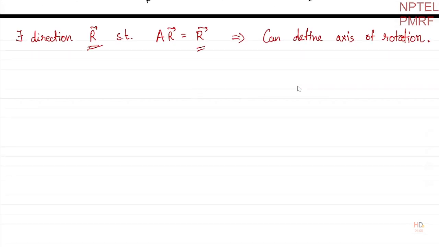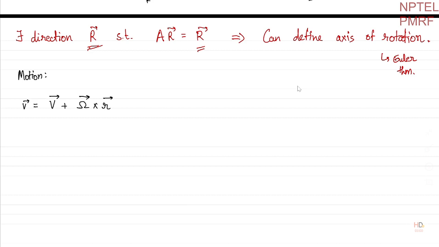Okay, and so this was your Euler's theorem, that the effect of a rotation can be thought of as a rotation about an axis, right? And then we started looking at motion. So we derived one thing, that the velocity of a particle in an inertial frame is the velocity of the center of mass plus a vector which we call omega, that is your angular velocity, cross r, right?